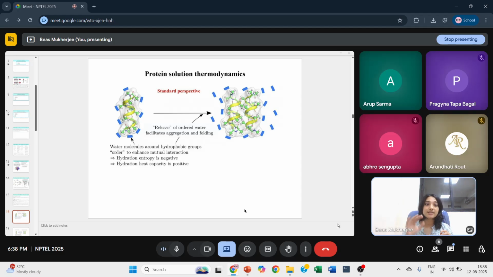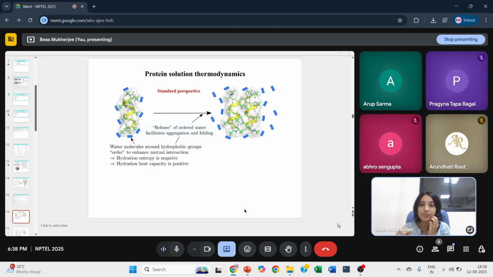So let's say there is a monomer and this monomer is forming a dimer. If you don't think in the form of a monomer, if you think of a normal unfolded protein to a folded protein, then this is also applicable. Initially, when it is an unfolded protein, the water molecules are arranged around it. Let's think in terms of a monomer forming a dimer, right?